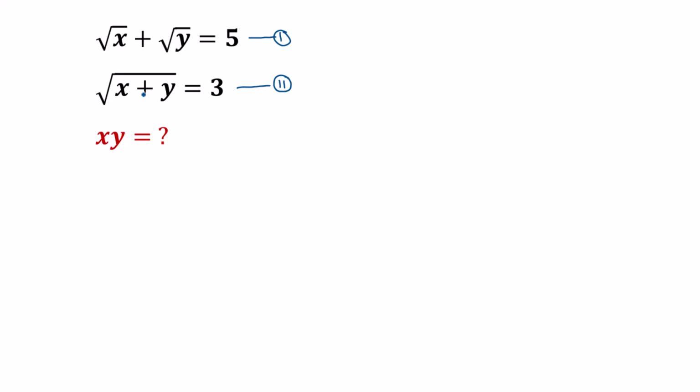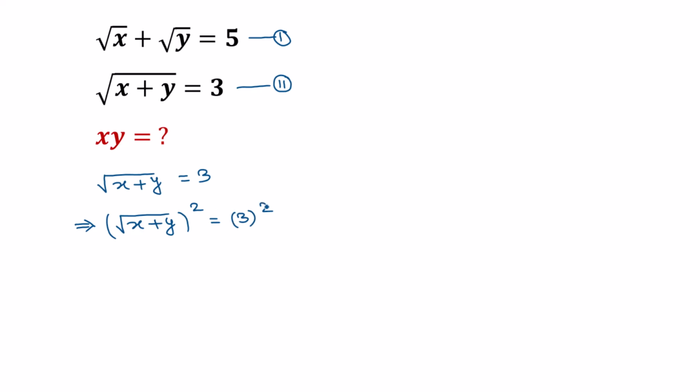Now from equation 2, we can write square root of x plus y is equal to 3. Now taking a square to both sides, we can write the left side is square root of x plus y and whole square, equal to the right side, which will be 3 square.